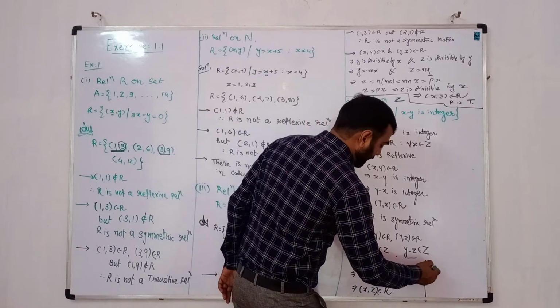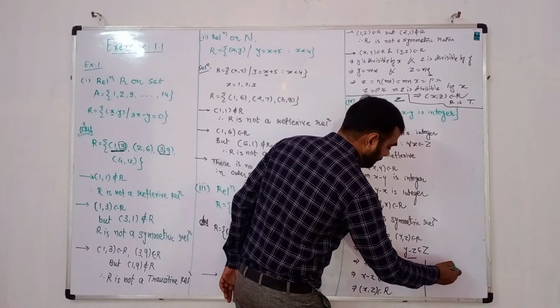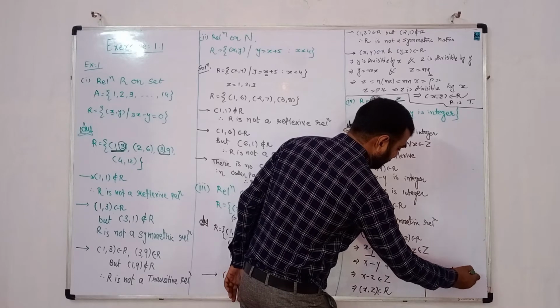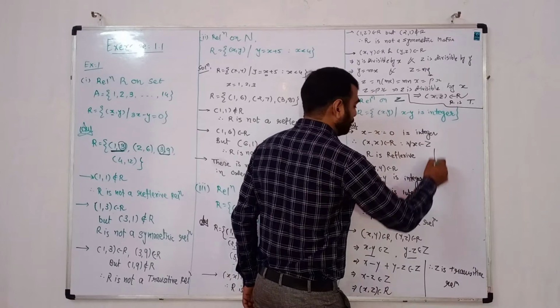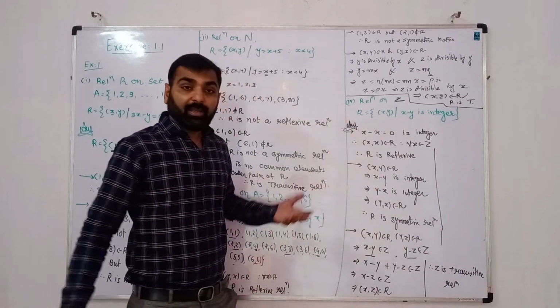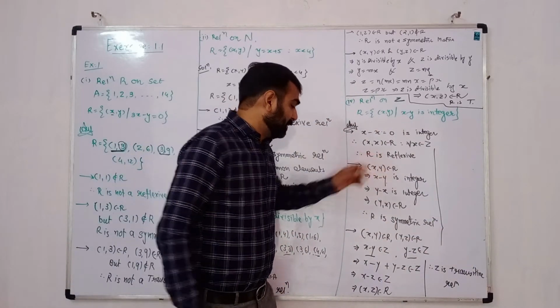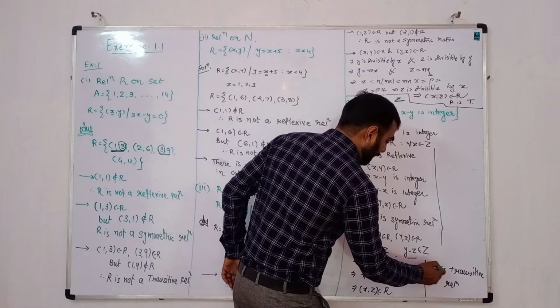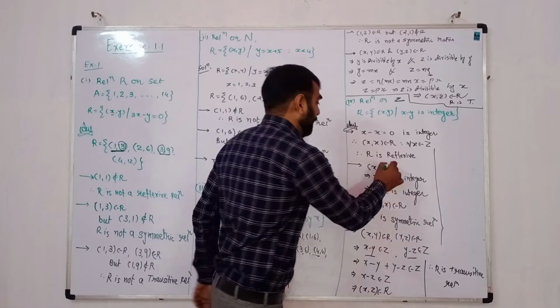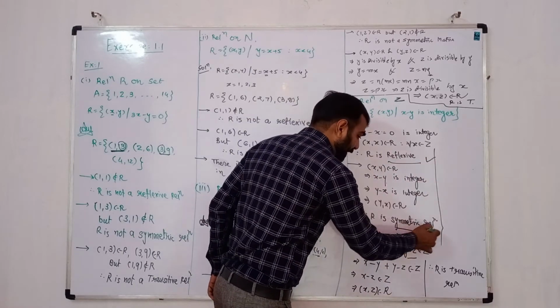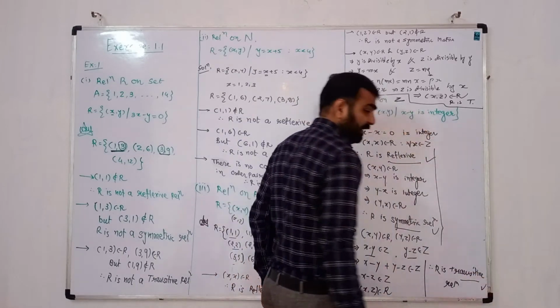So we can say that R is a transitive relation. Sorry, it's not Z, R is transitive, R is reflexive, R is symmetric. It is reflexive, symmetric and transitive, all three.